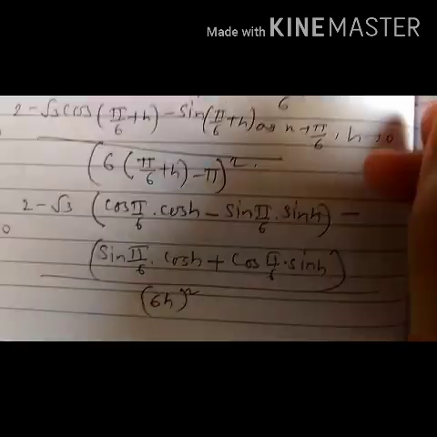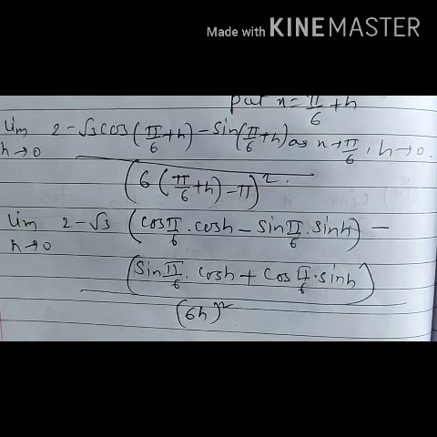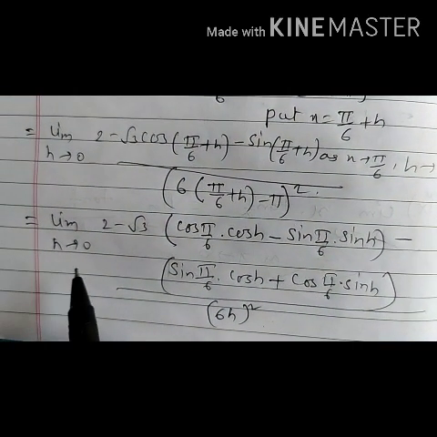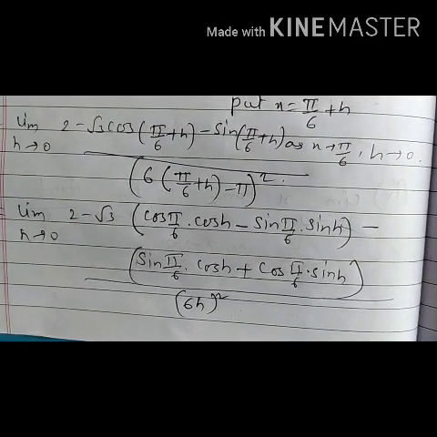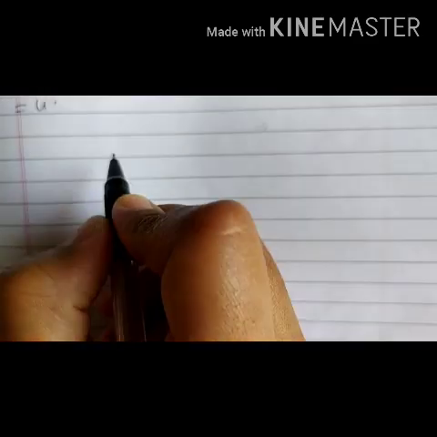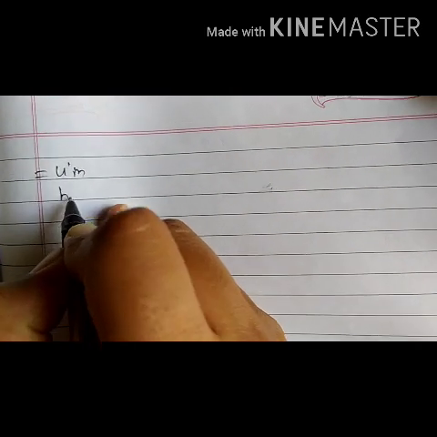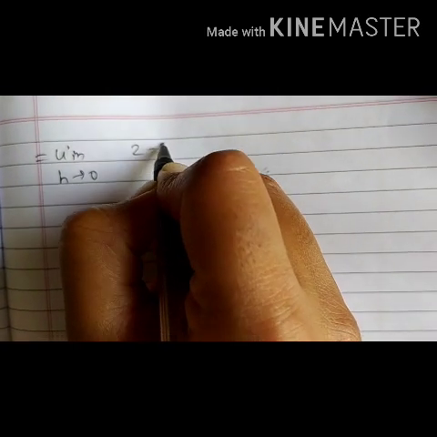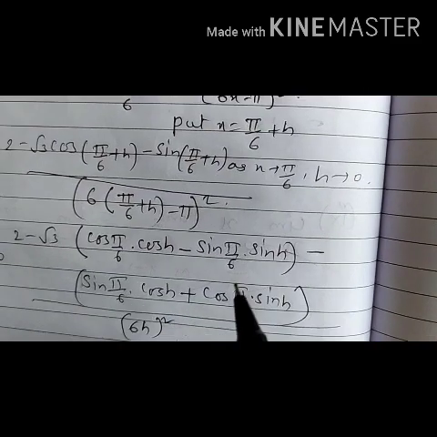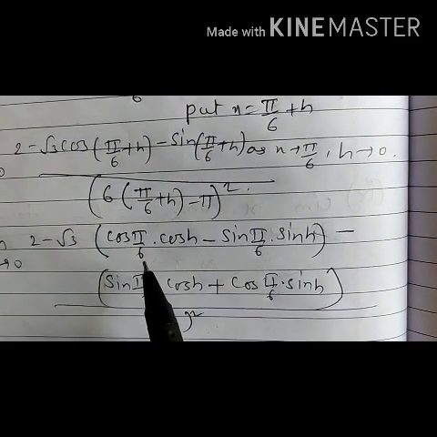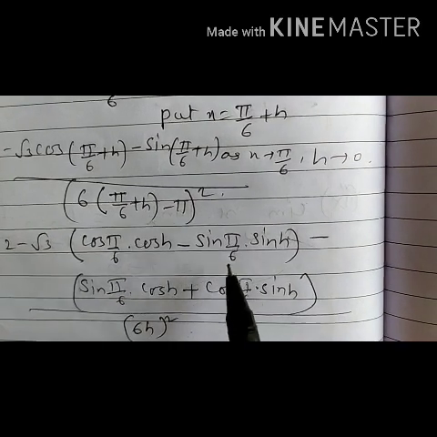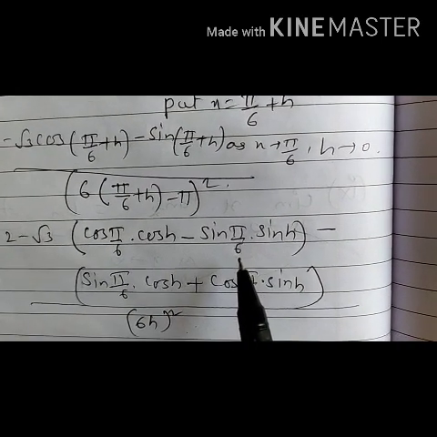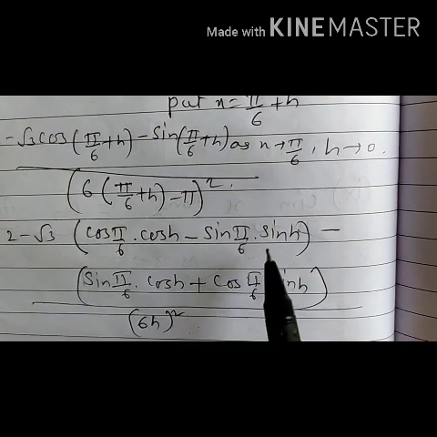Now we'll solve this limit. Here we have limit as h tends to 0, 2 minus root 3, this bracket minus again this bracket is there. Now we'll simplify this. Here cos pi by 6 is root 3 by 2 and cos h will be there. Sin pi by 6 is 1 upon 2, and into sin h.